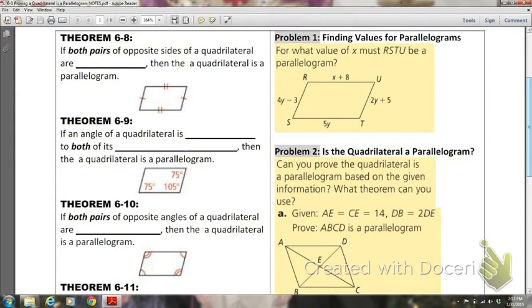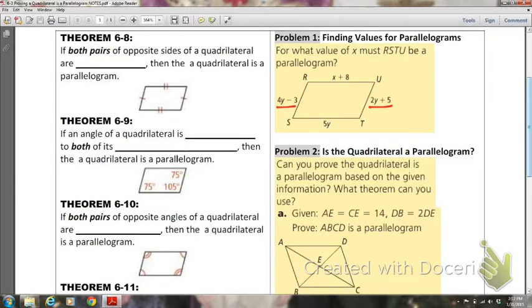In problem 1, we're finding values for a parallelogram, and it asks for what value of x must quadrilateral RSTU be a parallelogram. So let's look and see what they have given us. If we look at the opposite sides, we have one pair that has 4y minus 3 on the left and 2y plus 5 on the right.